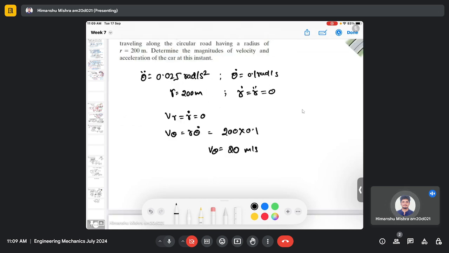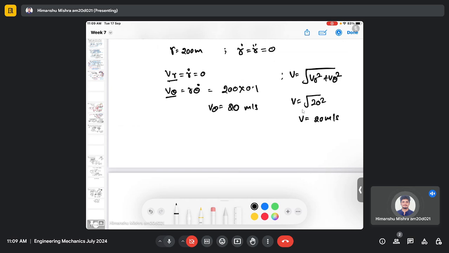Here we already have two components, vr and v theta. So the magnitude of velocity will be the square root of vr square plus v theta square. vr is 0, which means the magnitude of velocity will be 20 meters per second.